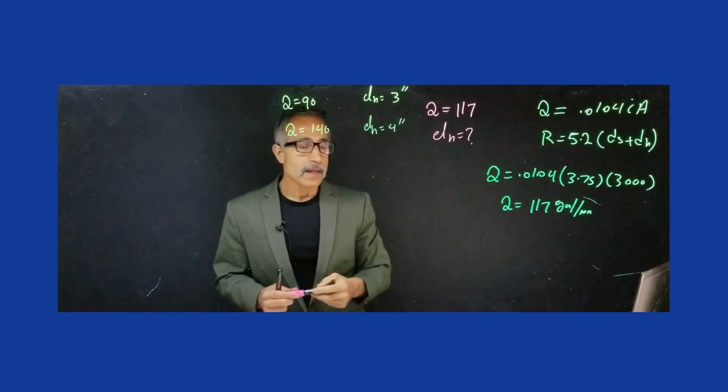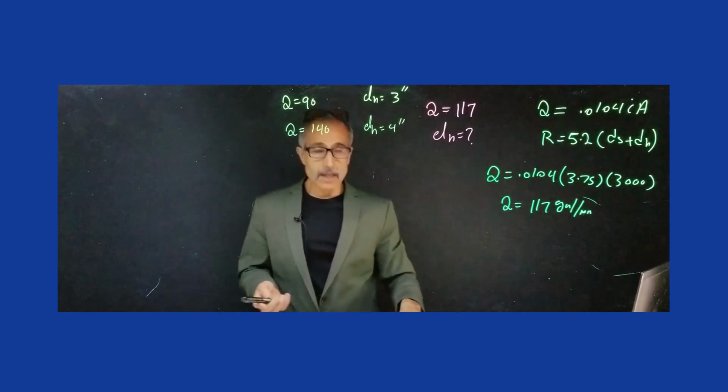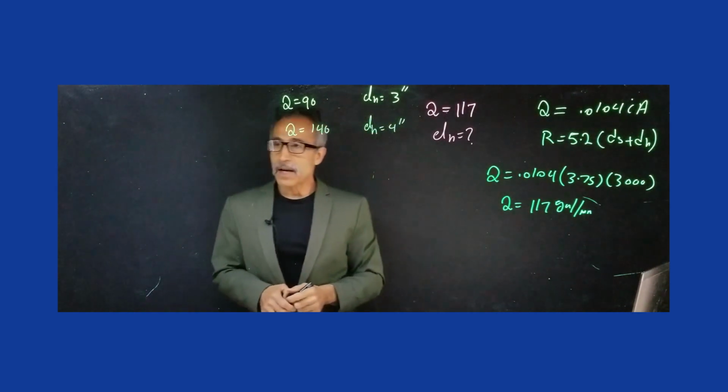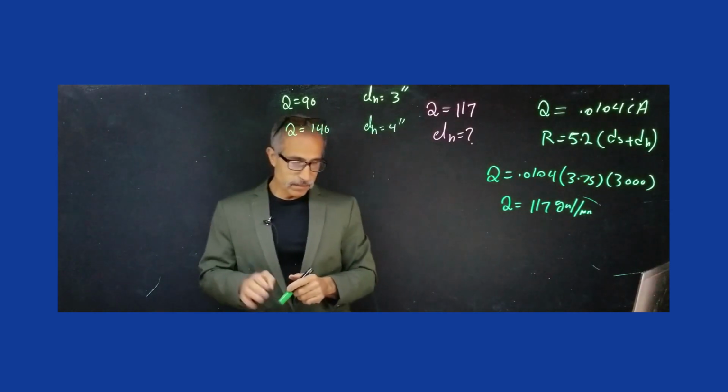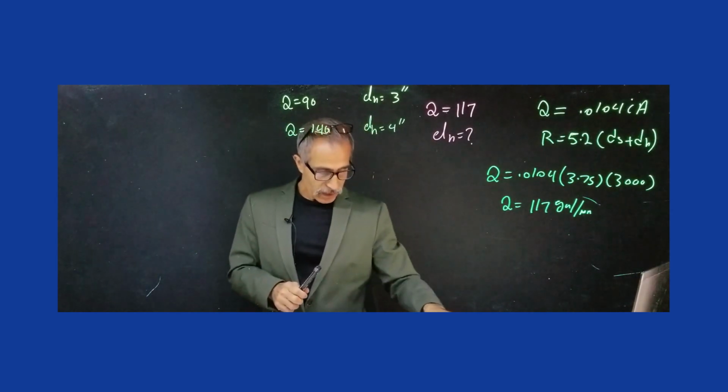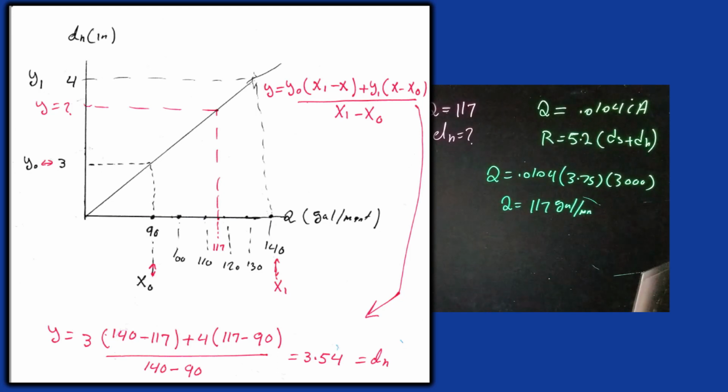Well, we're going to use a linear interpolation. I bet you forgot. Take a look at what I have on the board, and that's how you do a linear interpolation.